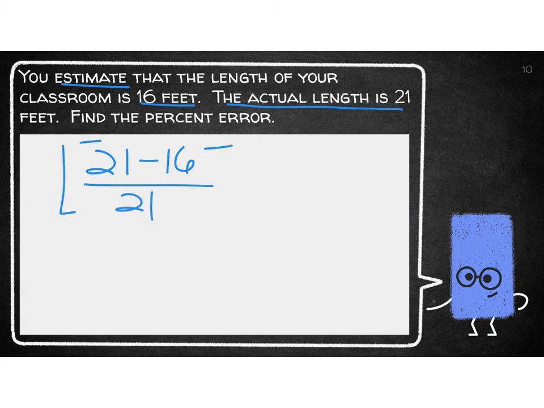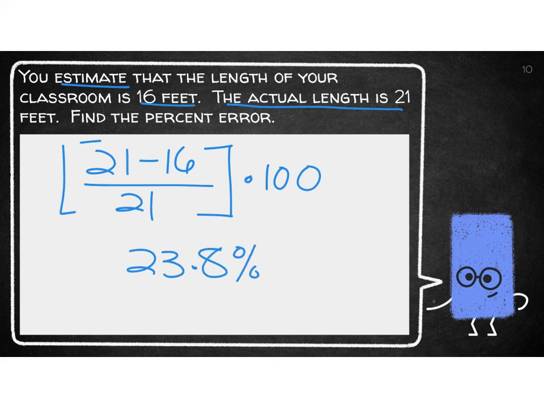And then we'll multiply all of that by 100 to convert to a percent. 21 minus 16 is 5. Divide that by 21 and multiply by 100. Typically with these problems, we'll round to the nearest tenths place. So we would get a percent error of approximately 23.8%.